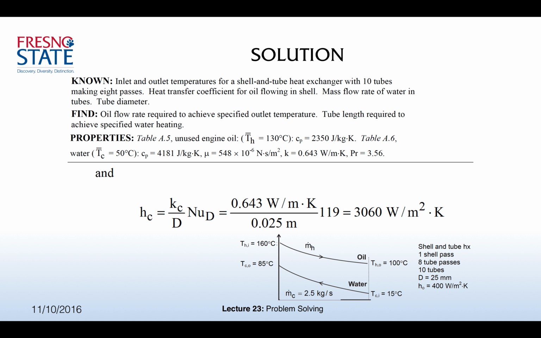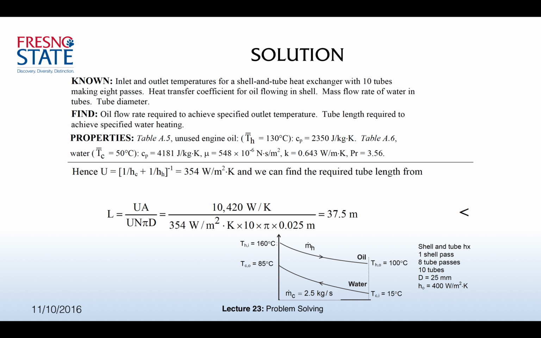Now I have my inside and outside heat transfer coefficients, and since the tubes are thin-walled, there is no need to calculate the conductive resistance. Now I can calculate my overall heat transfer coefficient. Remember that 1 over U was equal to 1 over h in plus 1 over h out. So therefore, U is the inverse of that: U is 1 over, in the denominator, 1 over h cold plus 1 over h hot.